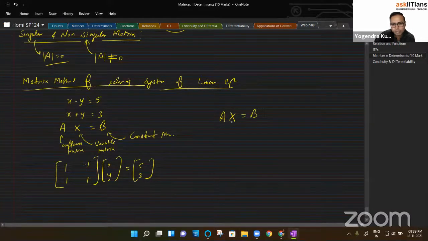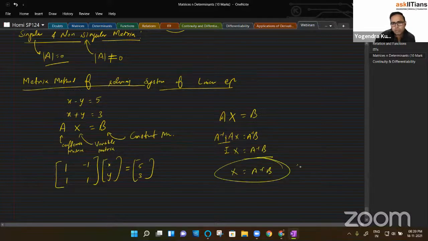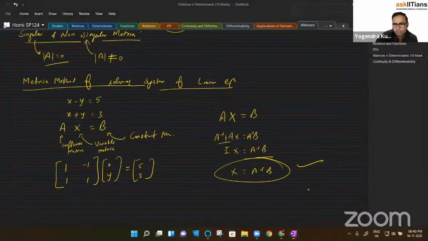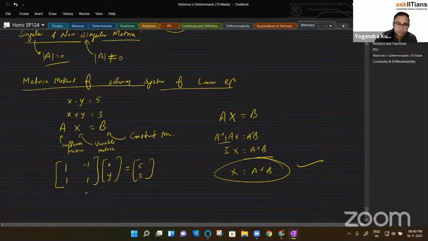So guys, what I'm trying to explain is that this is AX equals B. We will isolate X. We multiply by A inverse on both sides. A inverse times A gives us I. So I into X is equal to A inverse of B, so X is equal to A inverse of B. This is the method: from this matrix we find its inverse, multiply it here, and that is how we get the answer.